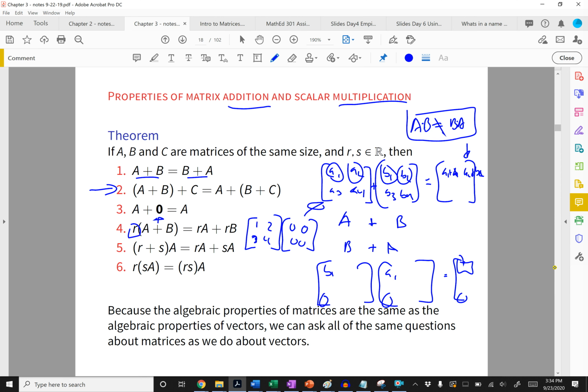Here r is a scalar. R times the quantity A plus B is the same as multiplying r times A and r times B and then adding them together.